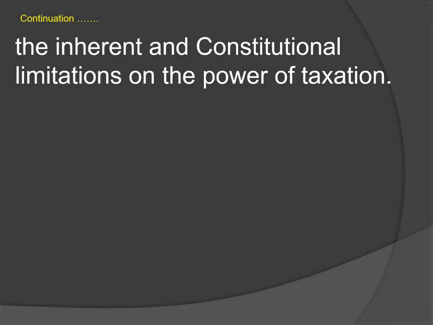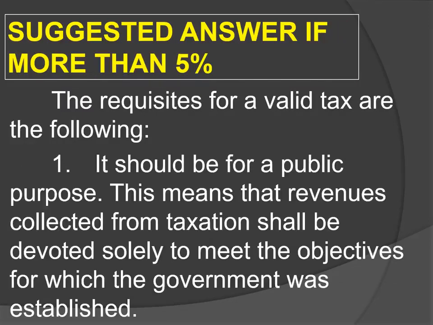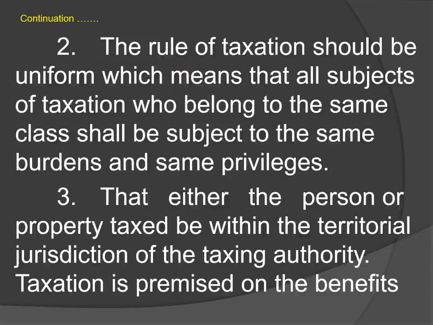Do not use the vertical type and numbering because it will expose what's lacking in your answer. So here, the horizontal type. If you read the horizontal type carefully, you will notice that one of the requisites is missing. But the examiner will never, I think, know that. He will not notice that. Because since you have an answer that's quite long, then you might just forget all about it. So if it's more than 5%, then as usual, I suggest that you expand your answer.